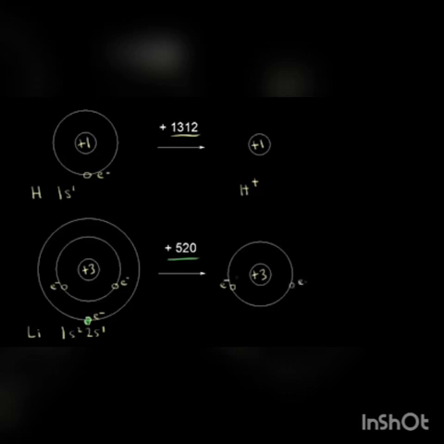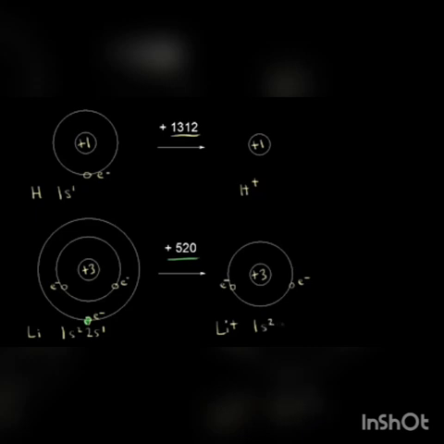So I'm going to go ahead and draw those in there. But you've taken away that outer electron, and so therefore you'd have a lithium cation here. You'd have Li+1 because you have 3 positive charges in the nucleus and only 2 electrons now. So 3 minus 2 gives you +1. The electron configuration for the lithium cation would therefore be 1s2 because we pulled away that outer electron in the 2s orbital.